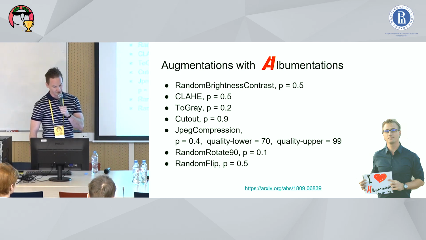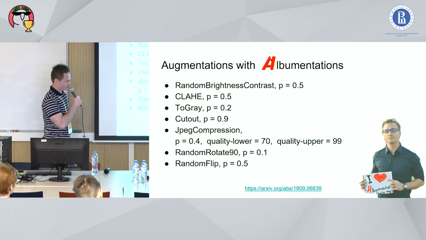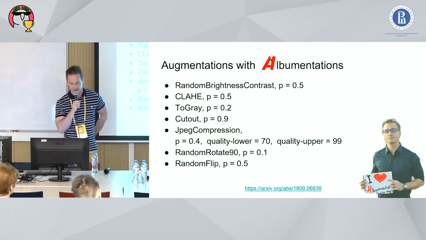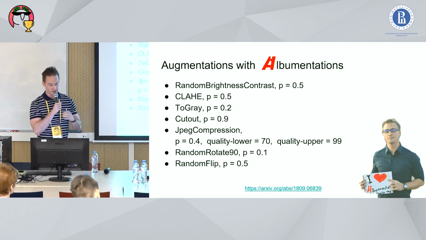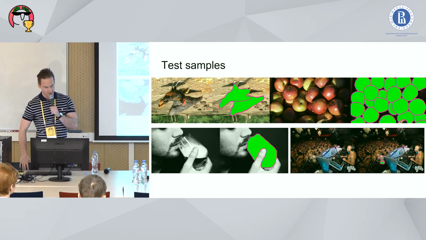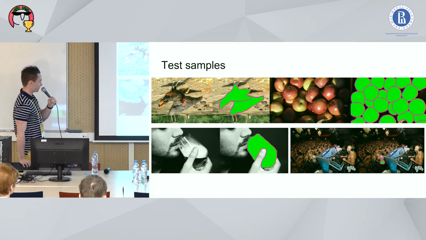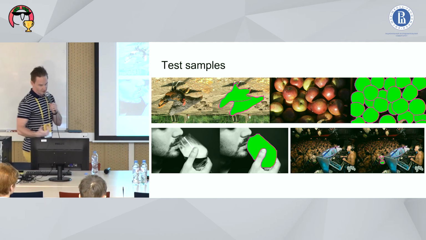For the train procedure, I used this list of augmentations. It looks very strange to use, for example, random rotate of the images and gray annotation. But if you look carefully at the test sample, then they look something like this. So it has upside down rotation.